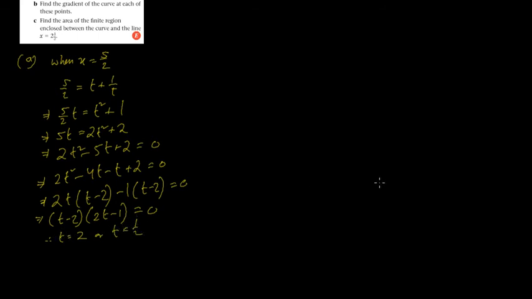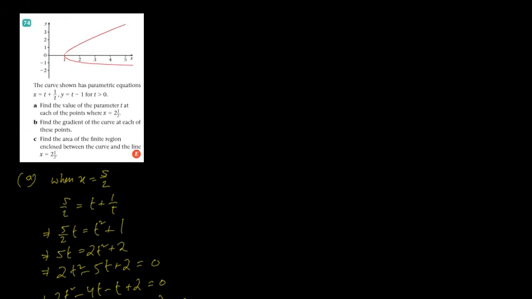The next thing that we have to do is find the gradient of the curve at each of these points. So this is what's happening. 2.5 is somewhere like this. This is the line. Let me draw it properly.